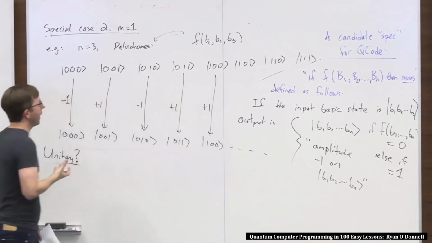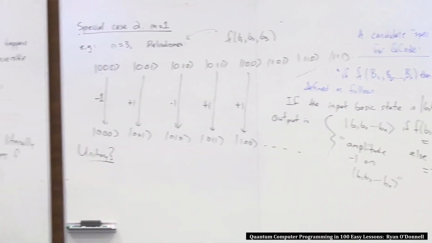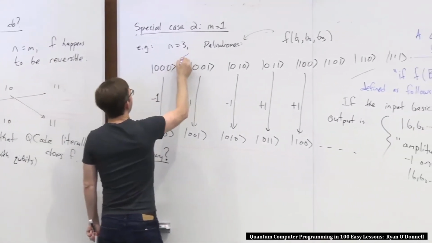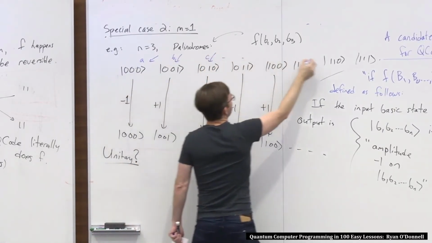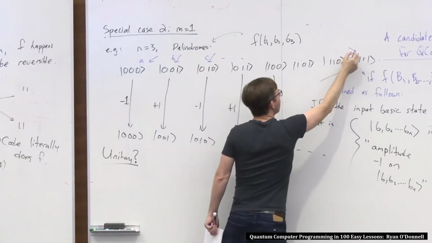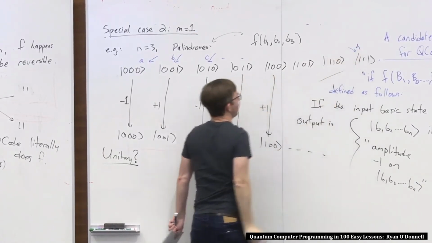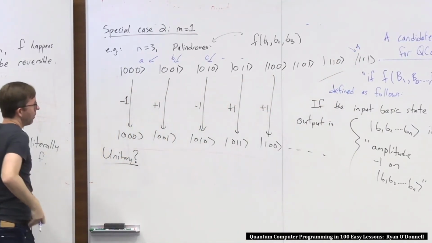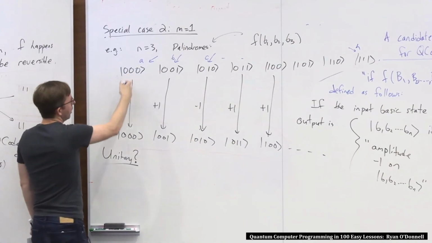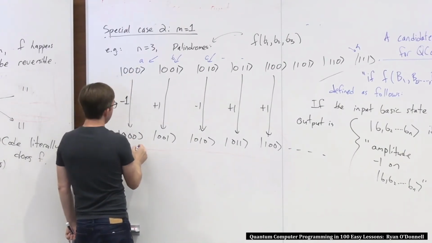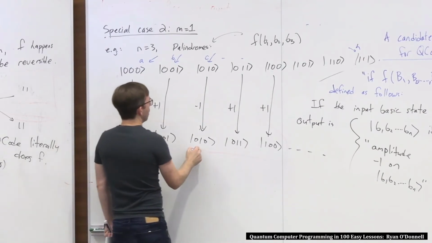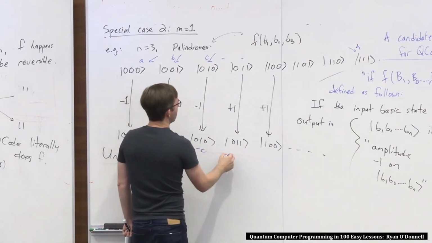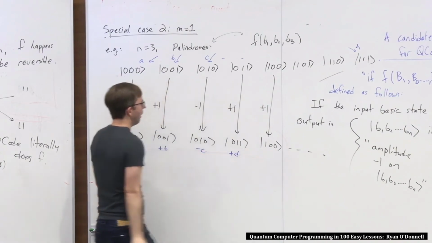In general, before you do this hypothetical instruction, you could have an A amplitude here, a B amplitude here, a C amplitude here, and whatever, an H amplitude here. And then what would the outcoming amplitudes be? In this case, minus A amplitude, plus B amplitude, minus C amplitude, plus D amplitude, and so on.